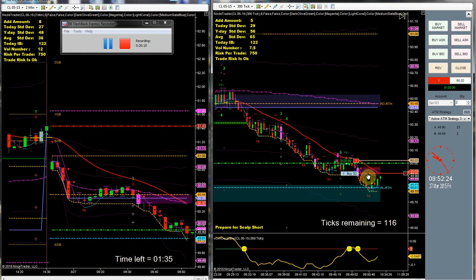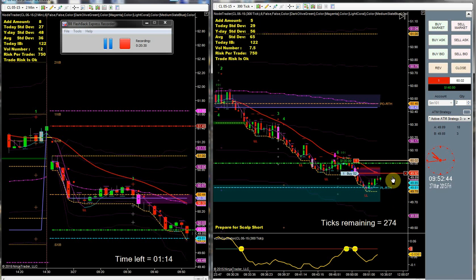Alright, 2 more ticks up and we'll be out. Looks like I'm actually 1 tick below where the trailing stop is. There, that's perfect. But you know what? We'll leave it right there. Hopefully the market will go ahead and take us out right here.